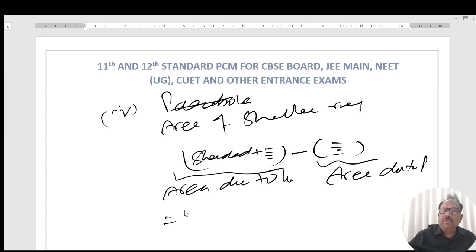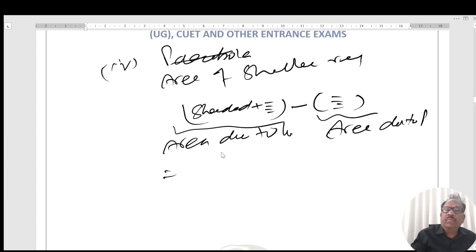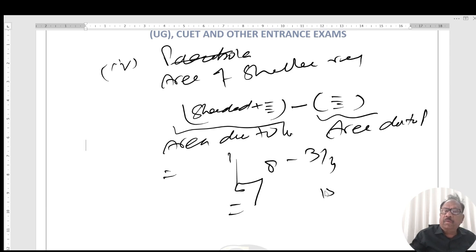On further simplification, we get the answer: this was 15 by 8 and this was 3 by 4. So it is 15 by 8 minus 3 by 4. On simplification, 9 by 8 square unit.